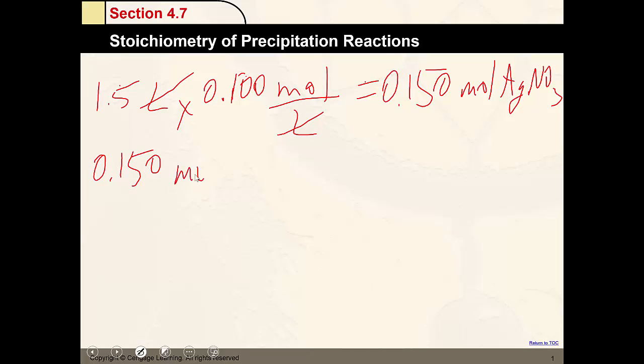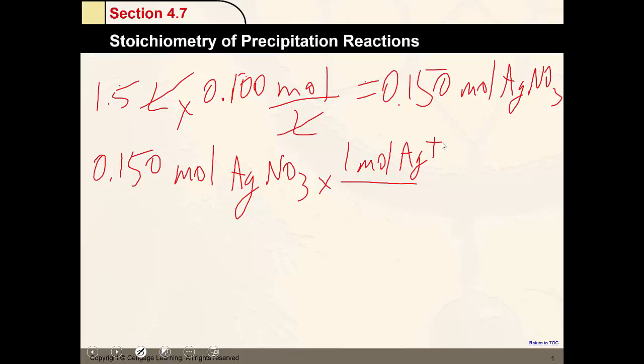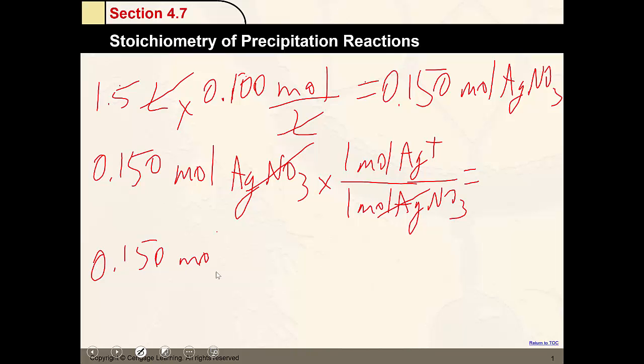And from that, we can get our moles of silver ions. If you look at the chemical formula, in AgNO3, in that compound, there's one silver ion. So for every 1 mole of AgNO3, there is 1 mole of silver ions. So that number of moles remains the same.